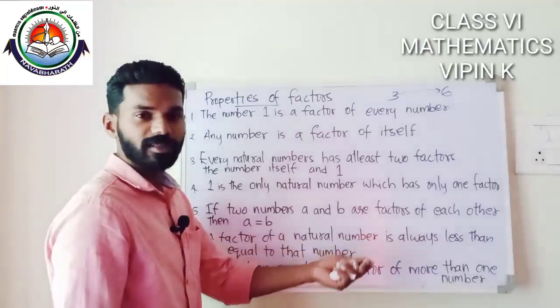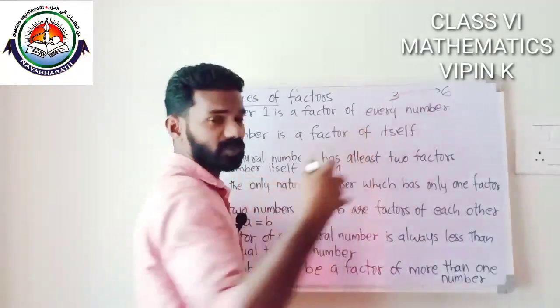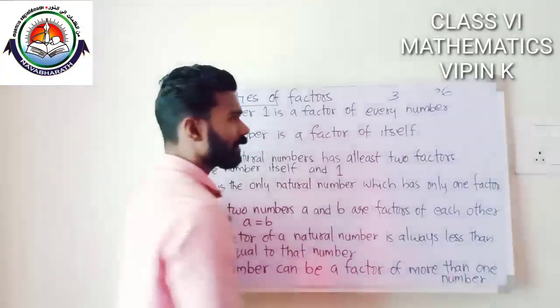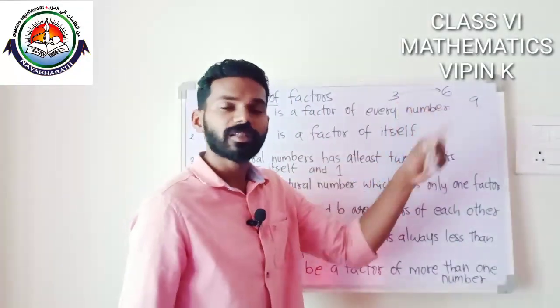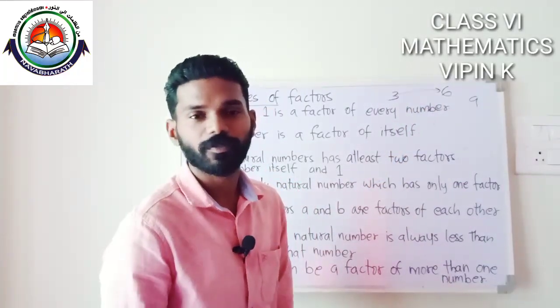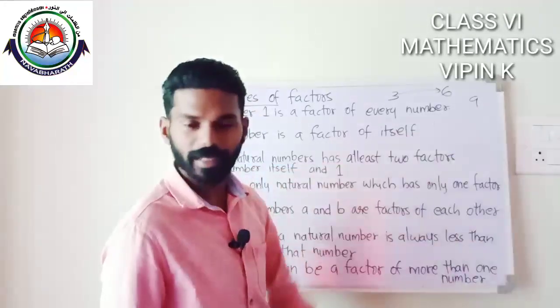Just like that, there are different other numbers for which 3 is the exact divisor. For example, for 9, when 9 is divided by 3, there also the remainder is 0, which means 3 is a factor of 9 also.